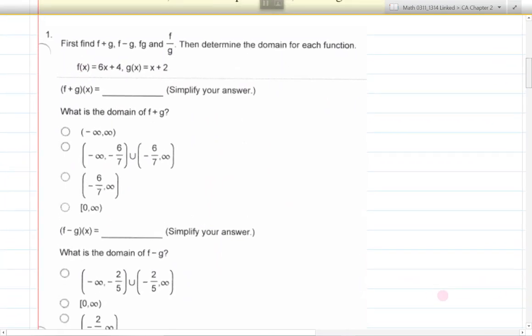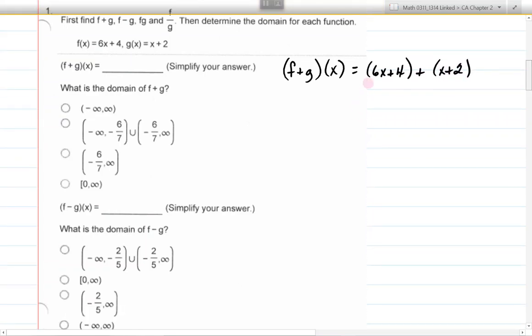All right, we start out with two functions. Up here we have f is 6x plus 4 and g is x plus 2. So f plus g of x is the sum. It is 6x plus 4 plus x plus 2.